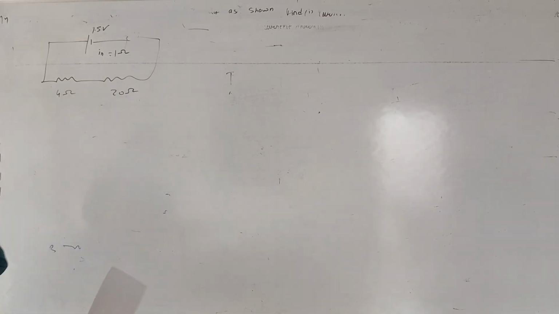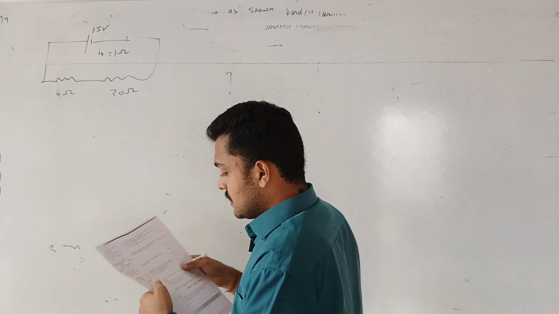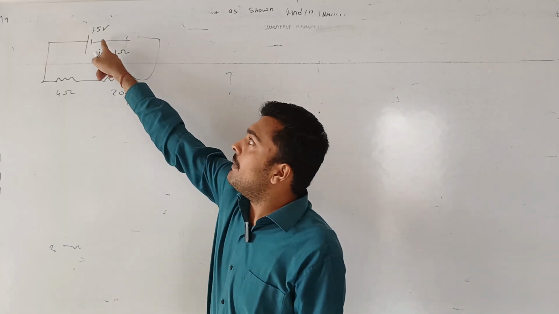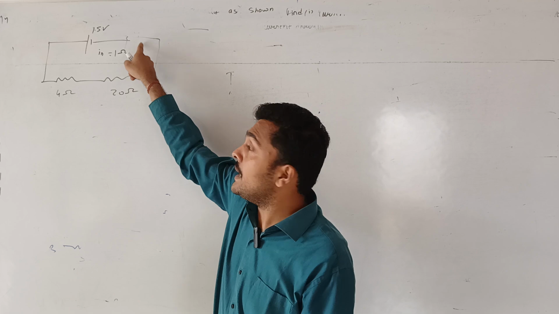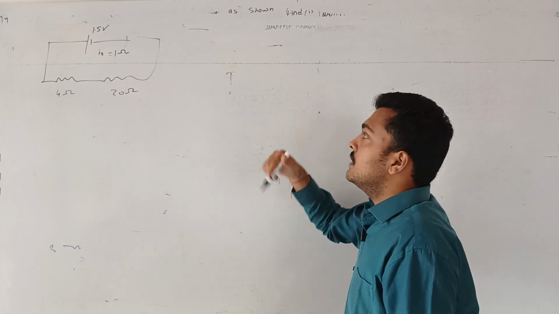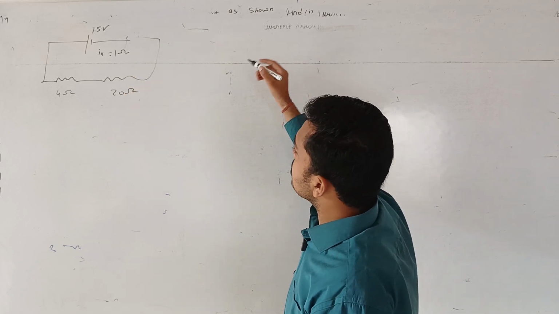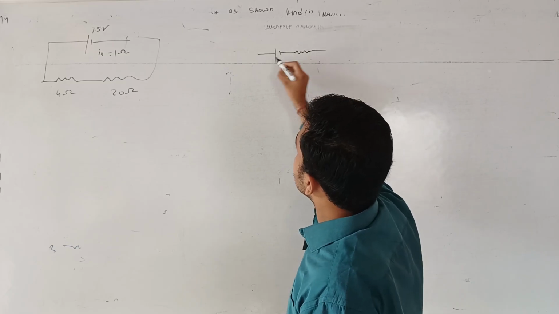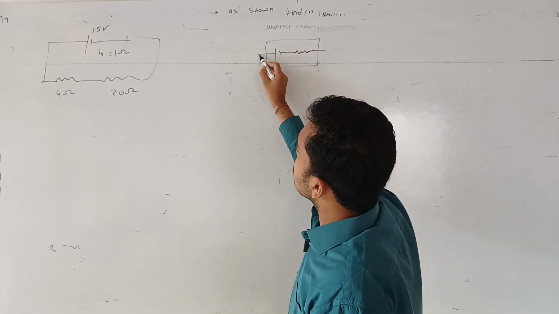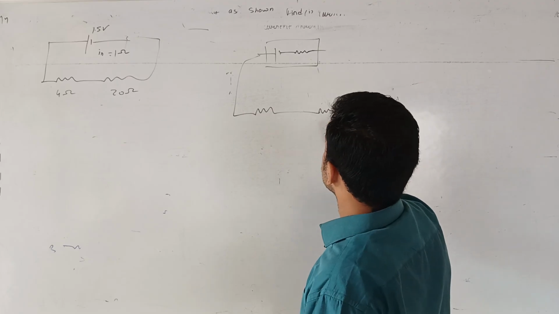So we have the internal resistance of the battery as 1 ohm. So we have to attach this 1 ohm in series with the other resistances. The internal resistance is always connected in series with the external resistances. This is how we'll draw the circuit.